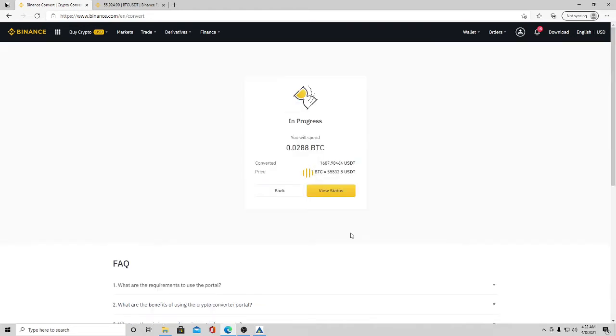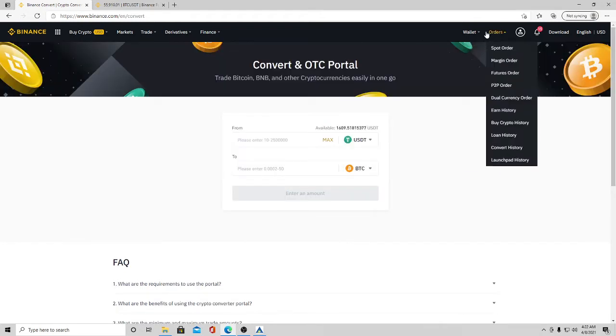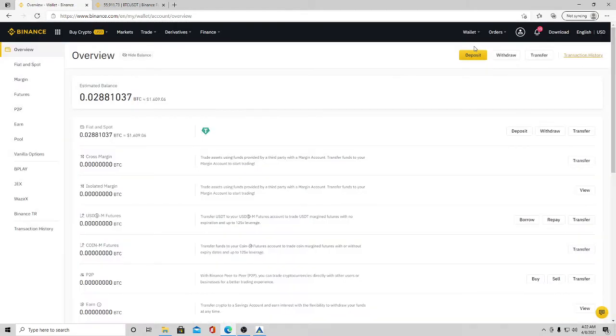So convert, boom, successful. So right now I have $1,607. So you can go back to your wallet, go back to wallet overview, and then right there, my Tether account has the money now.